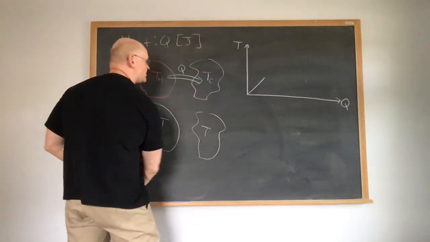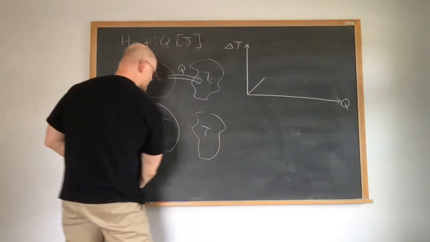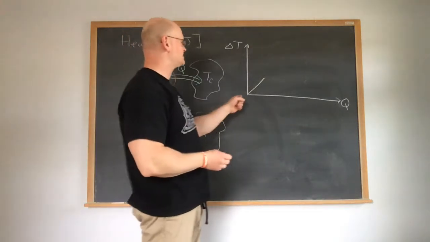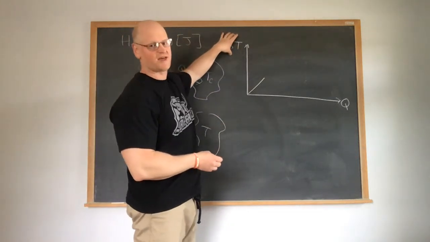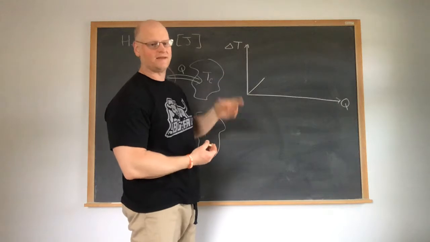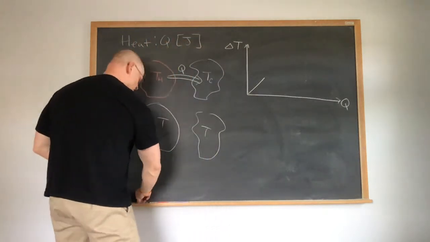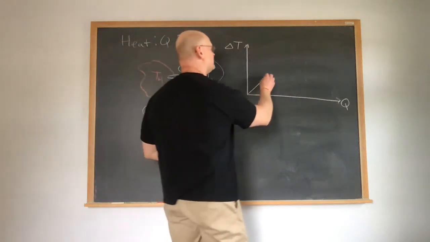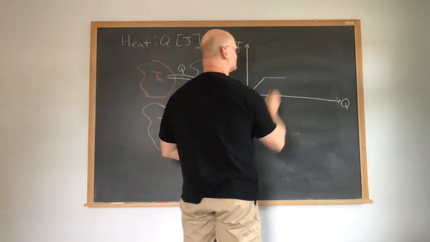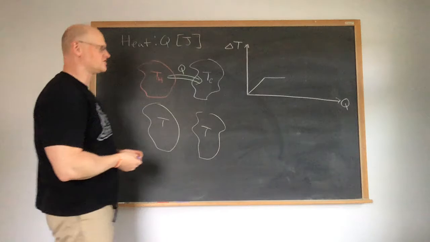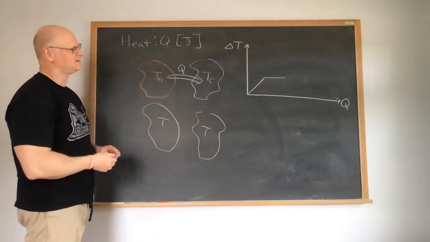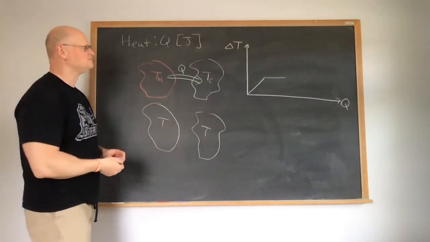So I call this the change in temperature. As heat is flowing into the system, the temperature is changing linearly with the heat. Until eventually I come to a portion where, as I keep adding heat to the system, the temperature actually no longer changes. The temperature stays constant, but the heat is still flowing into the system.